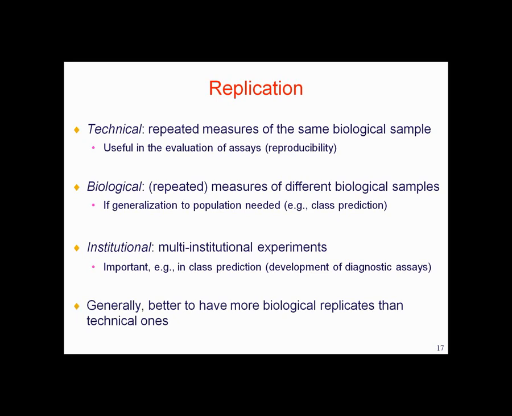But also, biological replicates necessarily carry technical replication with them, because you have to measure the biological samples, right? So by making more biological replicates, you also address technical variability.